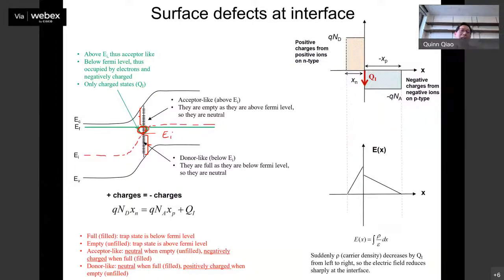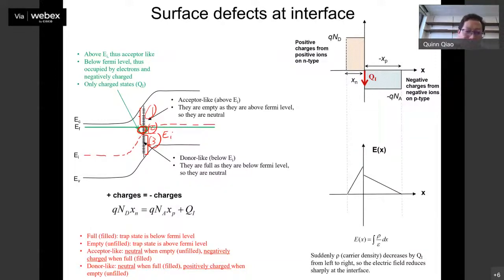They are acceptor-like. So got it? If we have regions 1, 2, 3, which region is negatively charged? You need to tell me that's region 2. That's what it means.